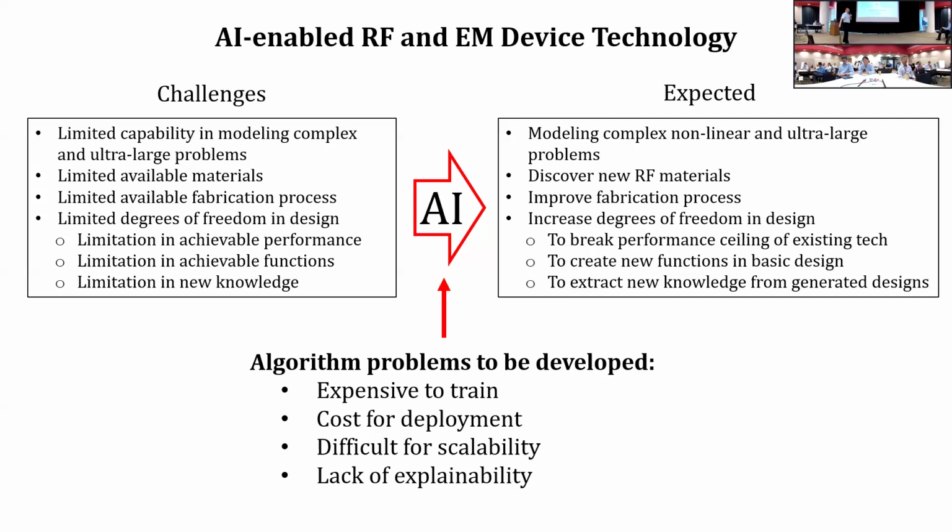I think AI is an opportunity to bridge this challenge to what we expect. For example, we try to use AI to model complex, especially non-linear, problems, and for discovery of new materials, for example metamaterials, the artificial structures. It can also improve the fabrication process and increase the degrees of freedom in the design.